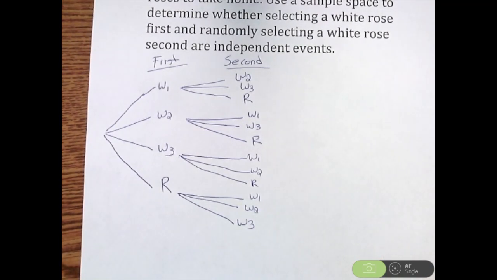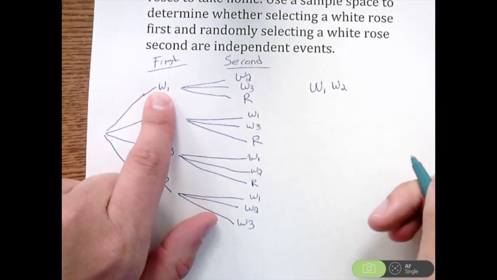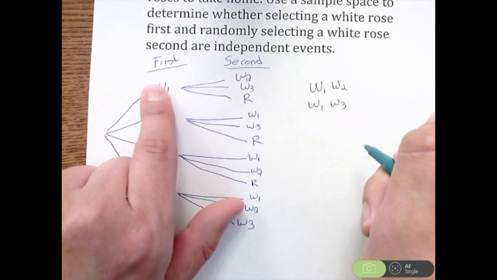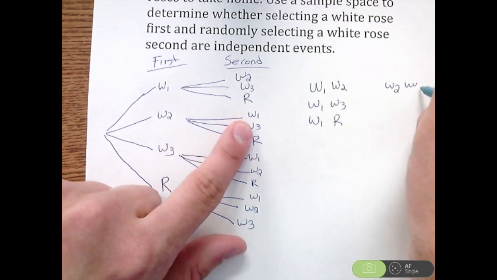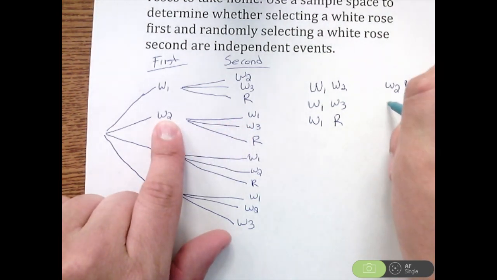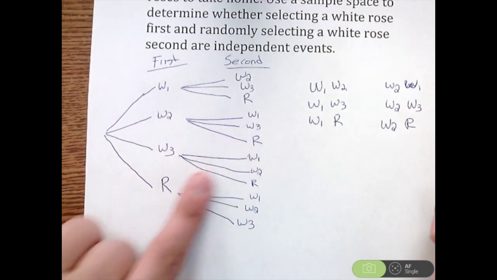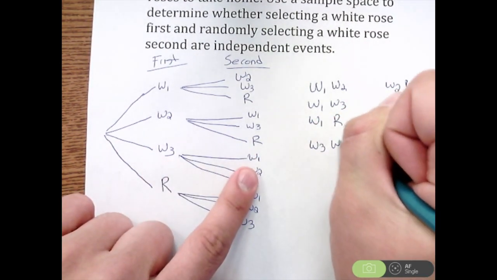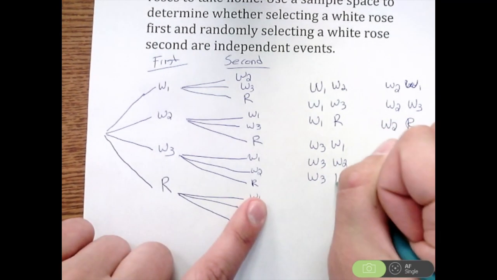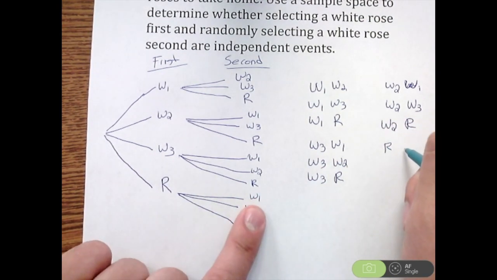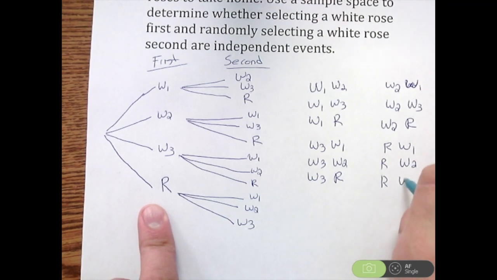So what I'm going to do is write out my sample space here. I could have W1, W2 as my first and second roses, W1, W3, W1, R, W2, W1, W2, W3, W2, R. Down here I could have W3, W1, W3, W2, W3, R. And finally R, W1, R, W2, and R, W3.